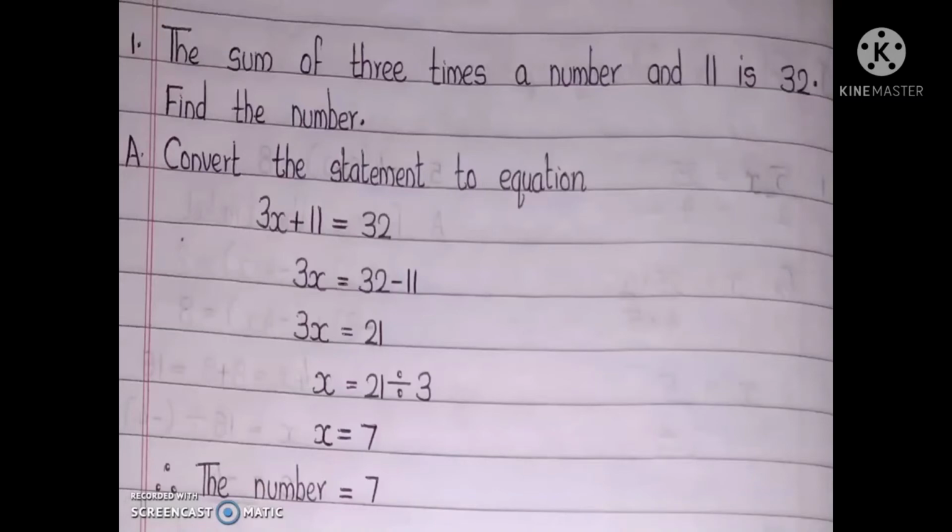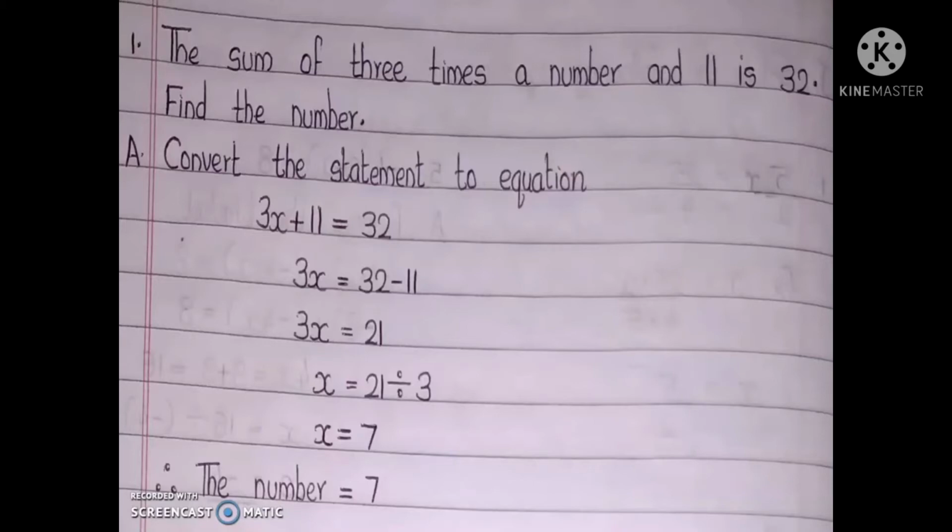The sum of 3 times a number and 11 is 32. Find the number. What is that? Here which words do you want to recognize?